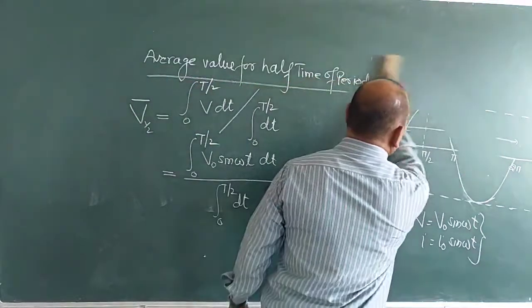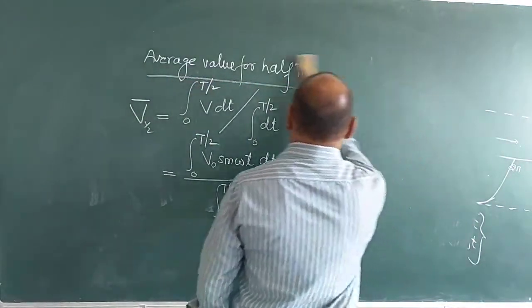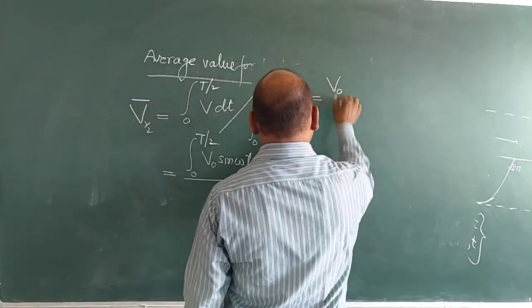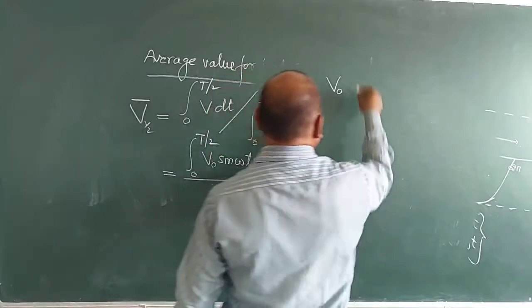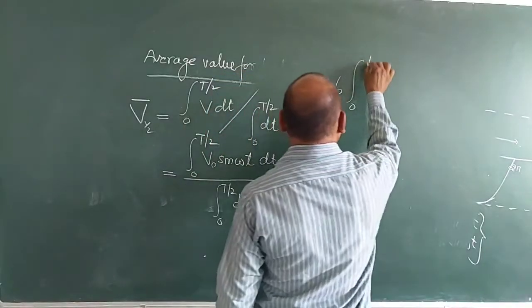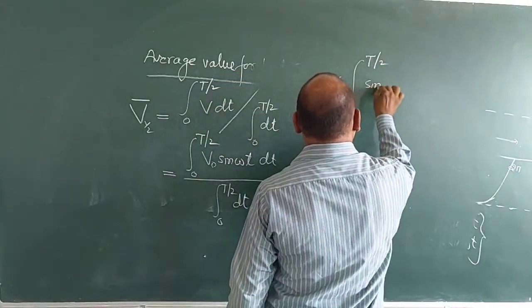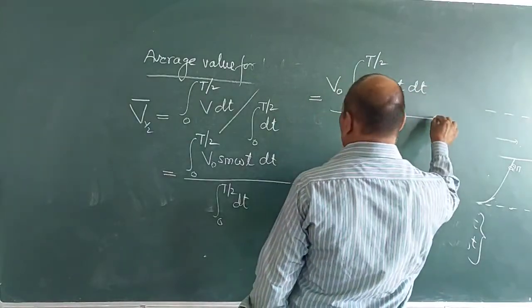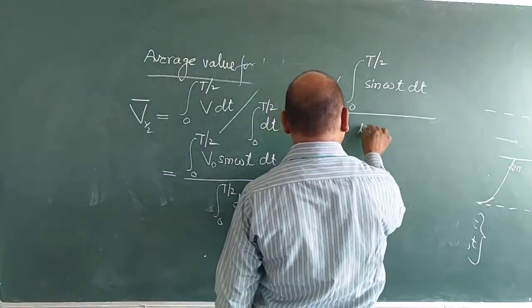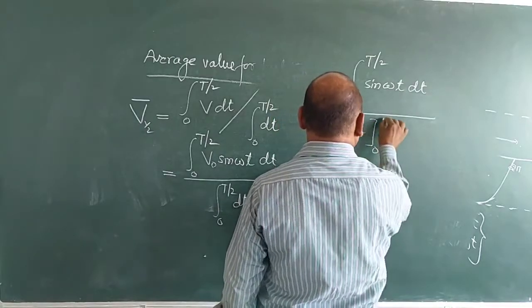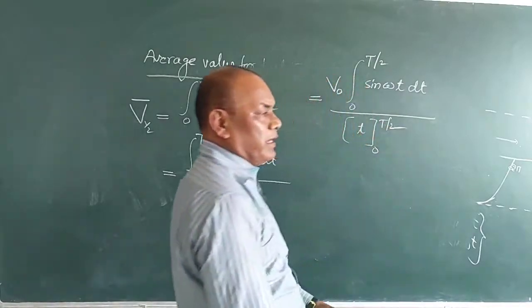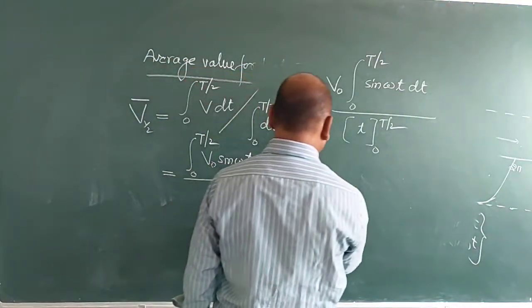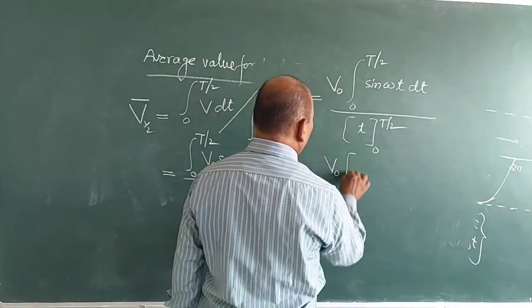Now V0 is constant, take it out: integral of 0 to T by 2 of sin omega t dt, and here the denominator becomes t from 0 to T by 2. This becomes V0.